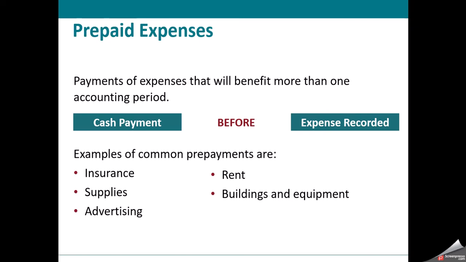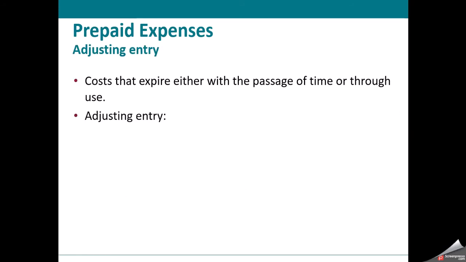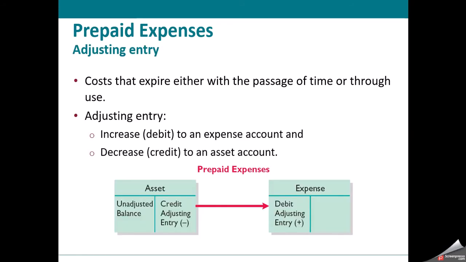So we need to adjust that value and record the expense as we use it up. So here we have, again, costs that expire through the passage of time or through use, both of the ones that I just explained on that last slide. And our entry for these types of things is we are going to credit the prepaid account, which is currently an asset, and then we're going to debit the related expense.